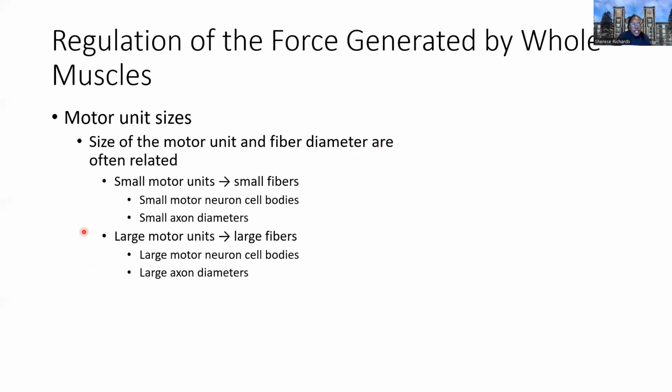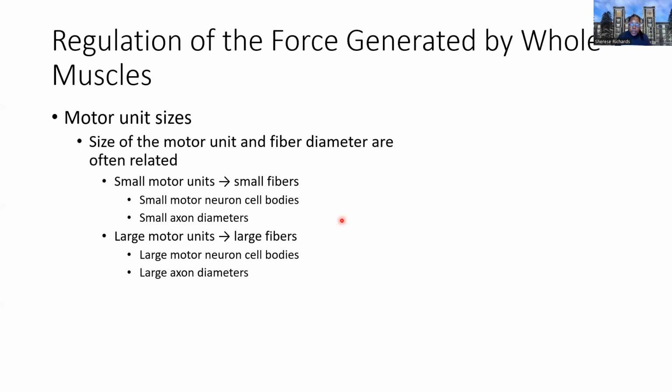Okay. And just to describe here further, the small motor units have small fibers. The motor neurons have small cell bodies. The axons on those motor neurons have a smaller diameter. So really everything about the motor unit is small, right? This is what I mean when I say that it's a small motor unit entirely.